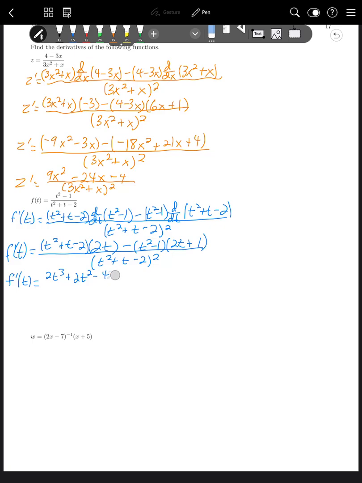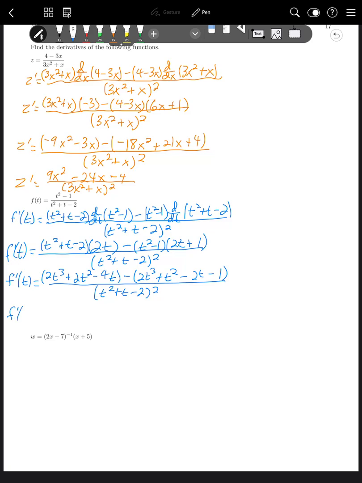So I wrote 42, meant to write 4t, minus 2t cubed plus t squared minus 2t minus 1. So t squared plus t minus 2 squared.